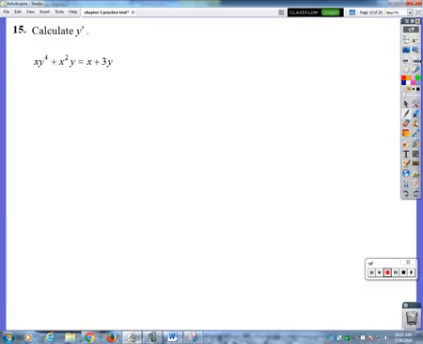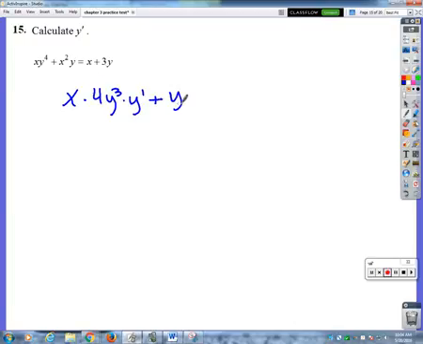So you have to do product rule, and we have to do implicit differentiation. So first one times the derivative of the second one, and the derivative of y to the fourth is 4y to the third times y prime. So that was the first one times the derivative of the second one when the x's and y's are mixed up together.